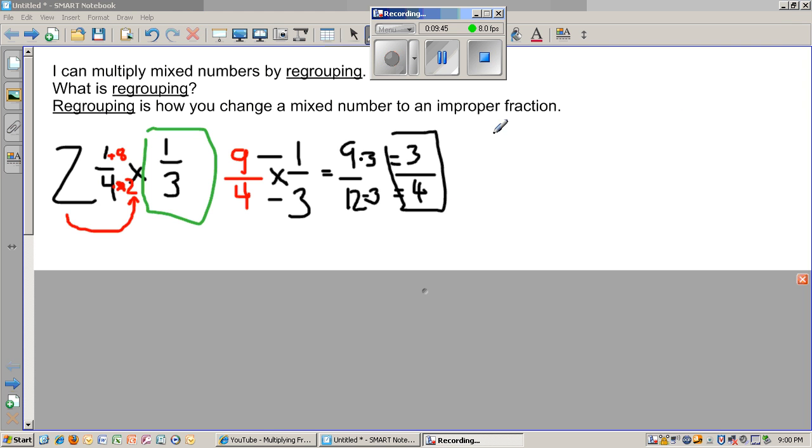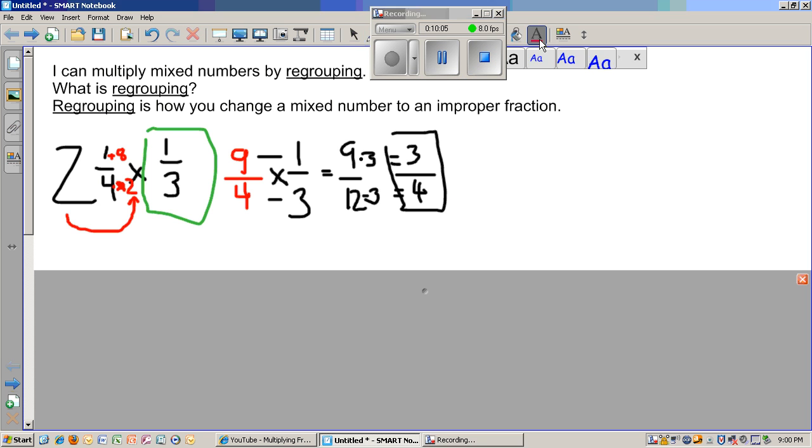Okay. So let's go back to the very beginning. And we said that we can multiply mixed numbers by regrouping. And we said that regrouping is how you change a mixed number to an improper fraction. So let's go back over what we did just so we know and we can explain how to multiply mixed numbers by regrouping.